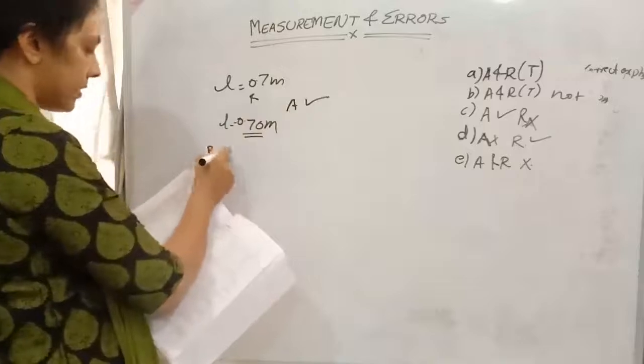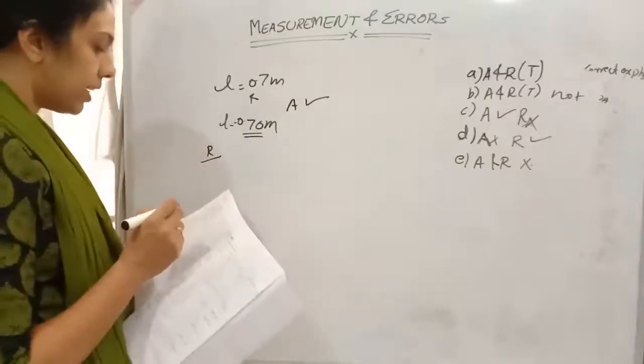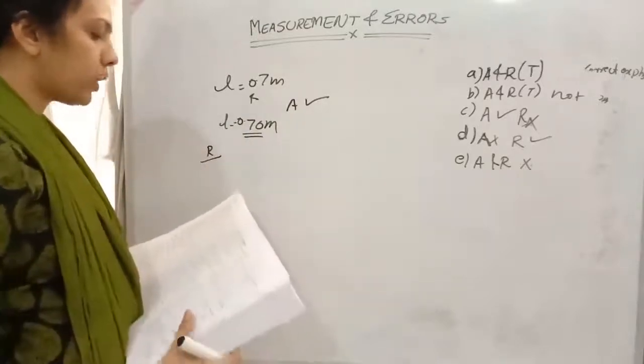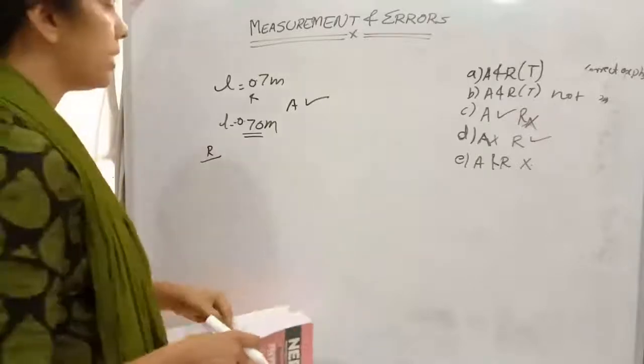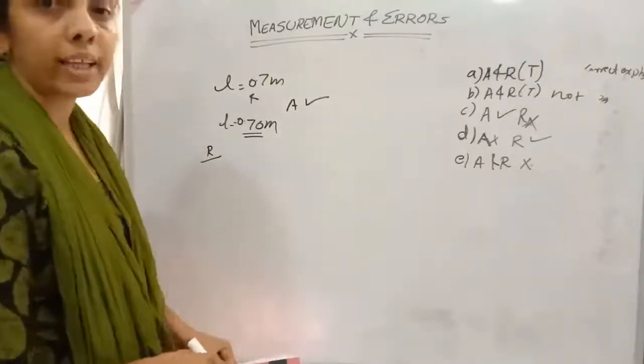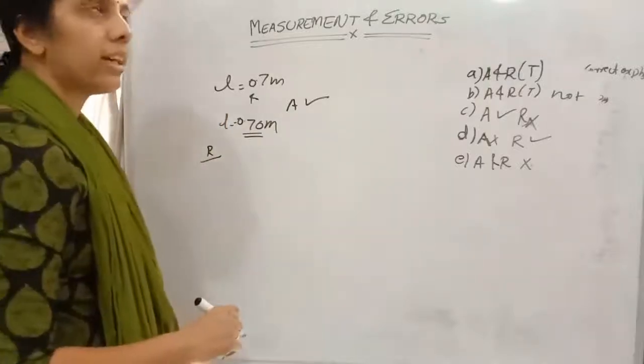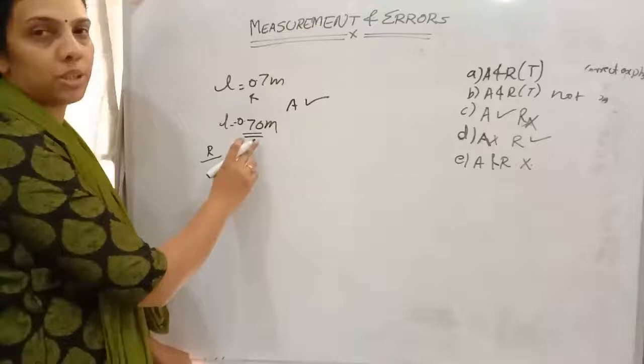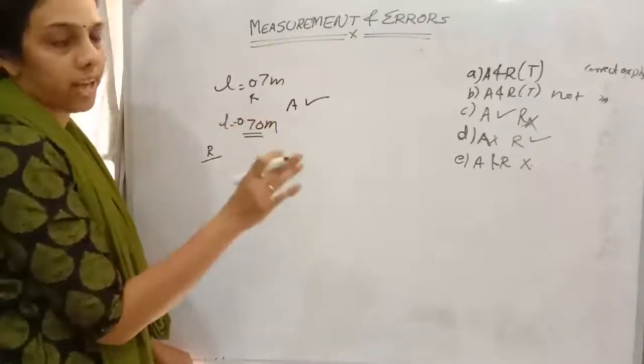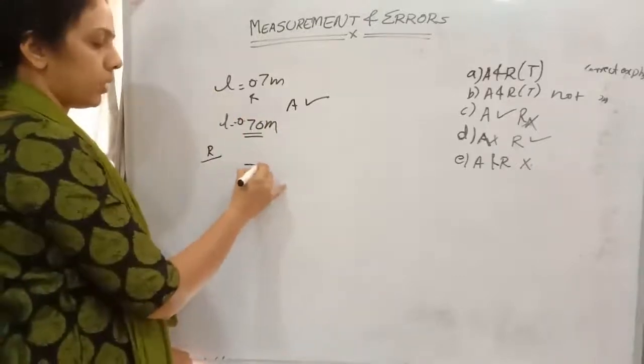The reason: in every measurement, the last digit is not accurately known. Whether it is correct or not, in all the measurements, the last digit is not accurately known. That is correct only, right? It's true.